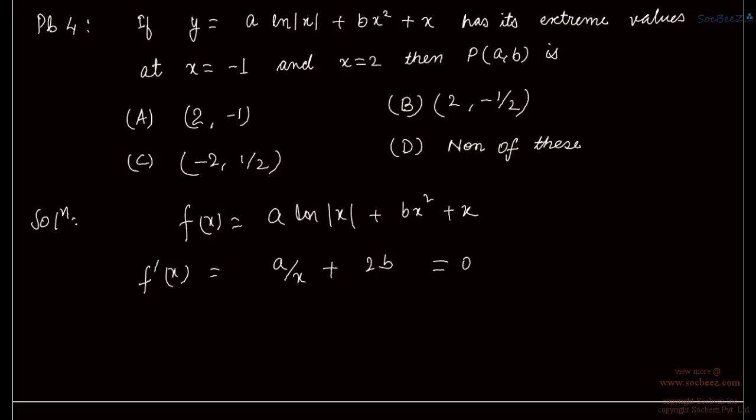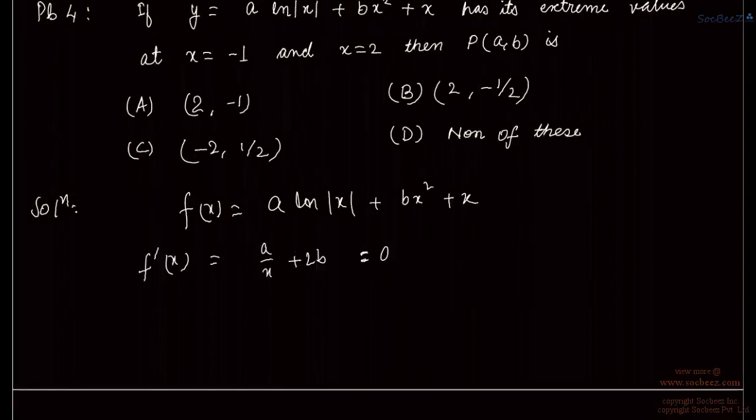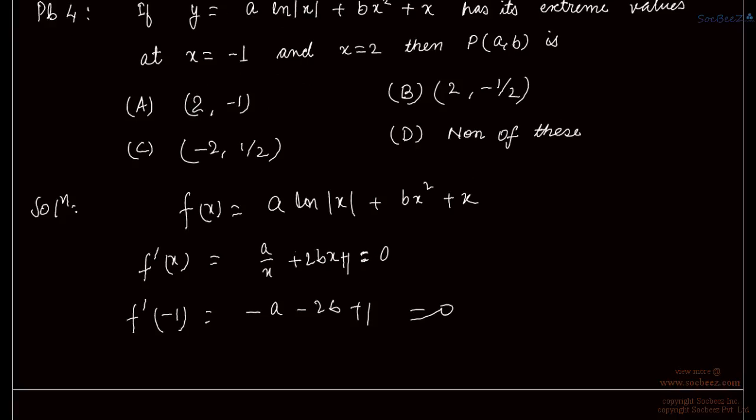So the derivative of f x at x is equal to minus 1 as well as at x is equal to 2 is 0. So we have f dash x as a upon x plus 2bx plus derivative of x is 1, plus 1 is equal to 0. So f dash minus 1 is minus a minus 2b plus 1 which is equal to 0, or we have a plus 2b minus 1 is equal to 0.